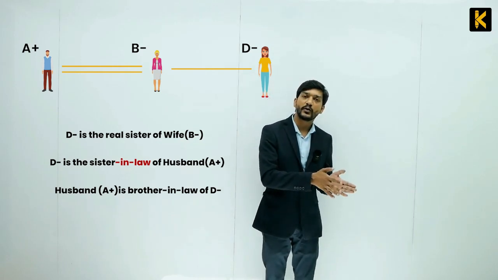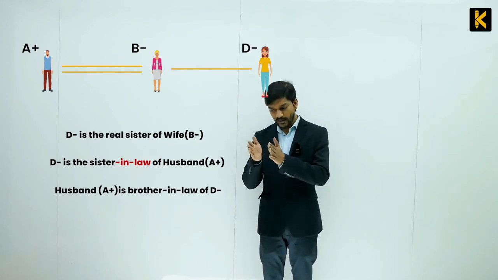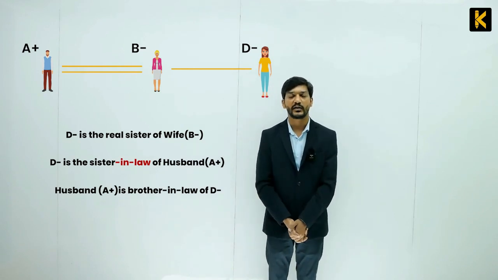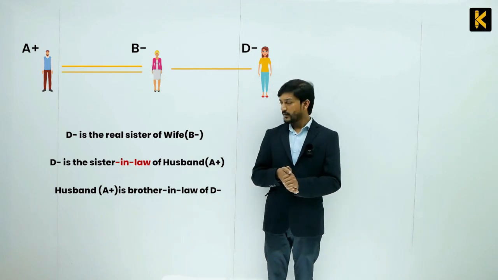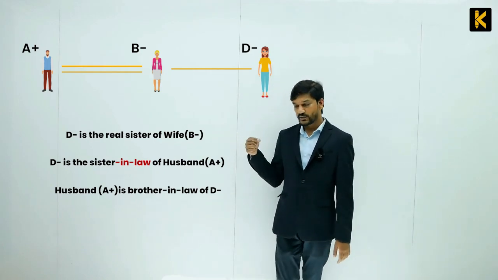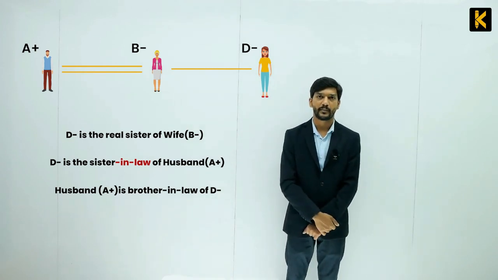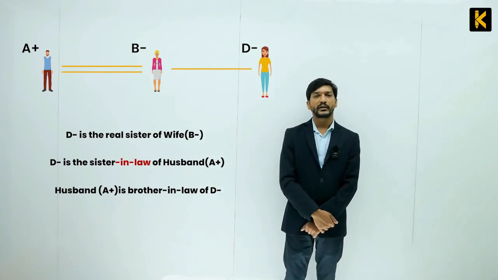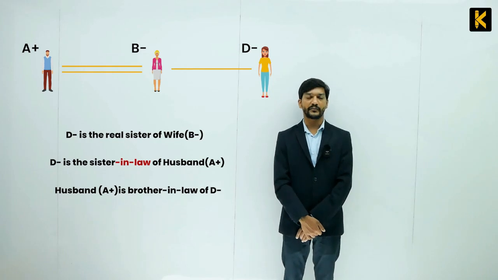Real relation for husband, that means in-law relation for wife. Real relation for wife, that means in-law relation for husband. Like this it is. So I hope that in-law relations, which is brother-in-law, sister-in-law, till now is clear. Now, I need to show you now how mother-in-law and father-in-law relation will be represented.